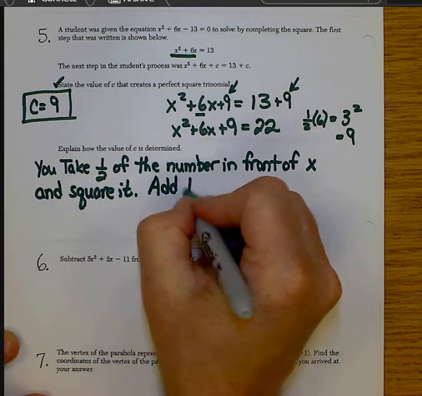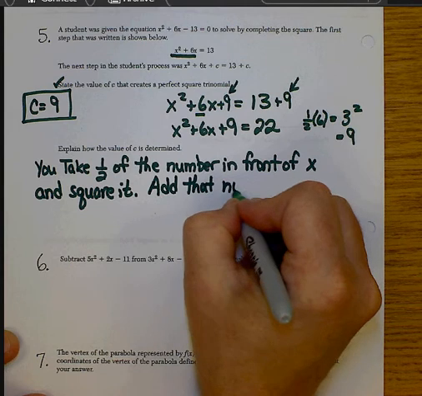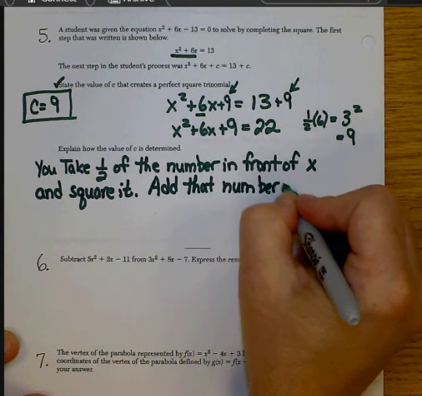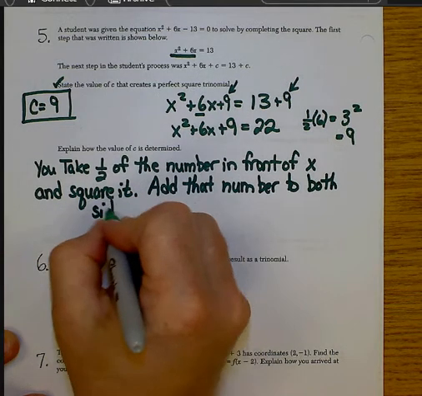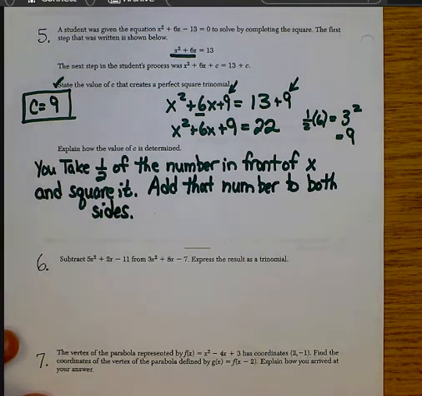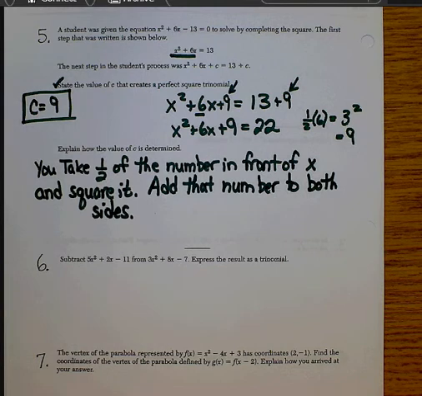Add that number to both sides. Okay? So you're going to state exactly what you did. And then that's it. Question done. They don't even ask you to solve for it.